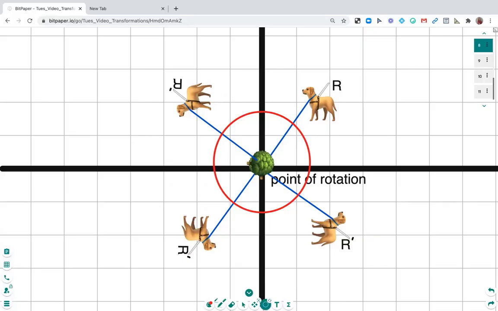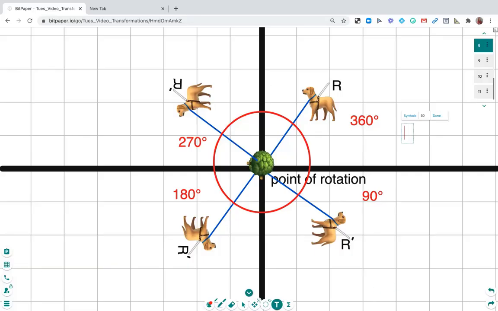So we went one rotation, which was 90 degrees. And then we went 2 rotations, which was 180. 3 rotations, 270. And then all the way back around was 360 degrees.